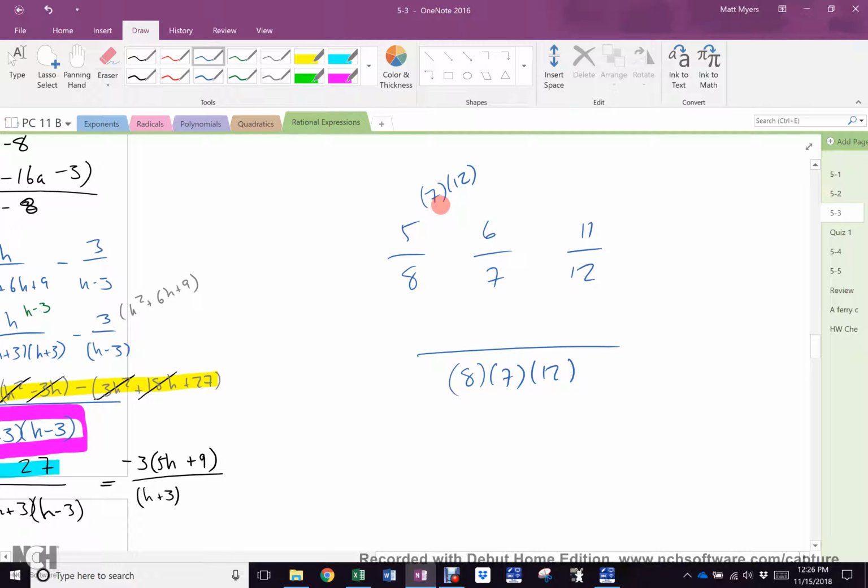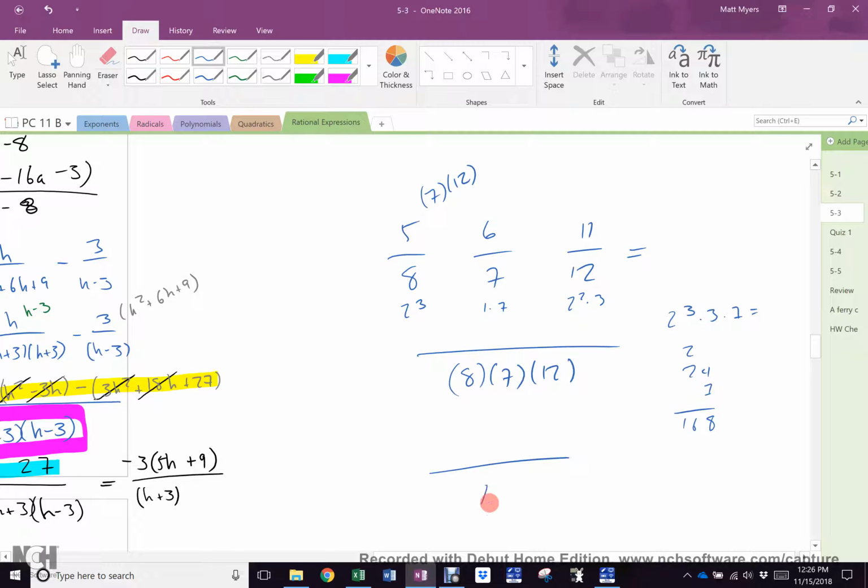Now, another option is to use the lowest common multiple here, right? That is 2 squared times 3, that is 1 times 7, that is 2 cubed. So you would have to do 2 cubed times 3 times 7, which is 8 times 3 is 24. 24 times 7 is 8, carry the 2, 14, 168.